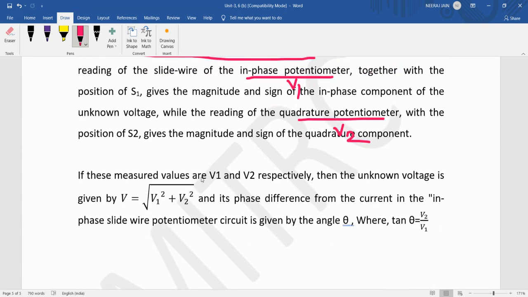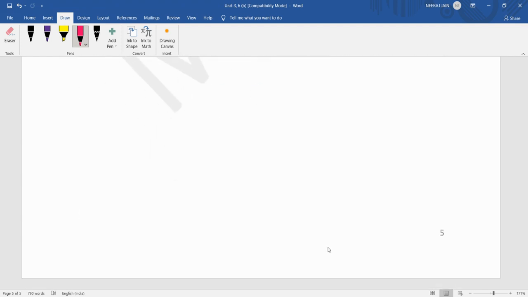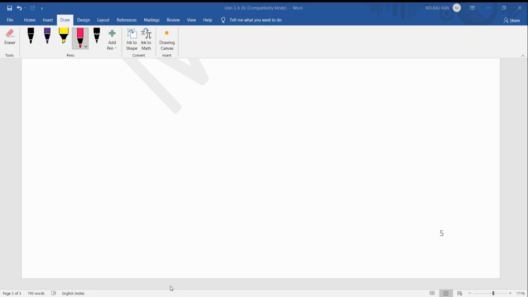If these measured values are V1 and V2 respectively, then the unknown voltage V is equal to the square root of V1 squared plus V2 squared, and its phase difference from the current in the in-phase slide wire potentiometer circuit is given by the angle theta, where tan theta is equal to V2 upon V1. Thank you very much.